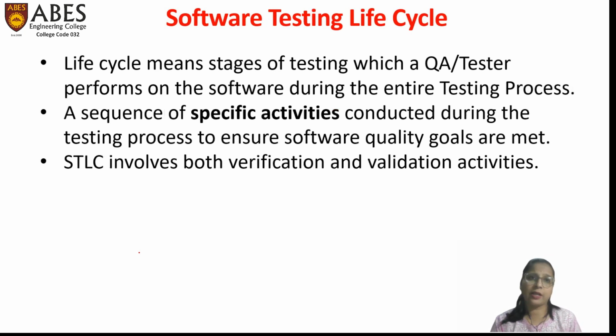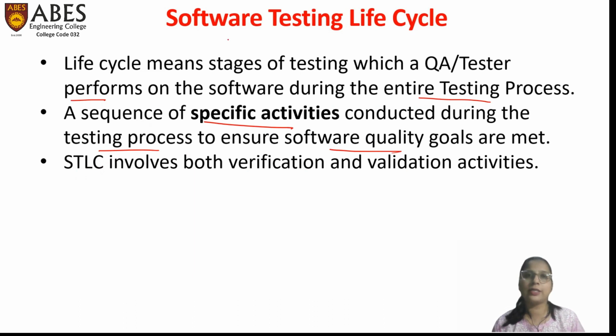Software testing life cycle. Life cycle means the stages of testing which a QA, a quality analyst or tester, performs on the software during the entire testing process. Similar to how software is developed, the software testing cycle also goes through various phases. It is a sequence of specific activities conducted during the testing process to ensure software quality goals are met.